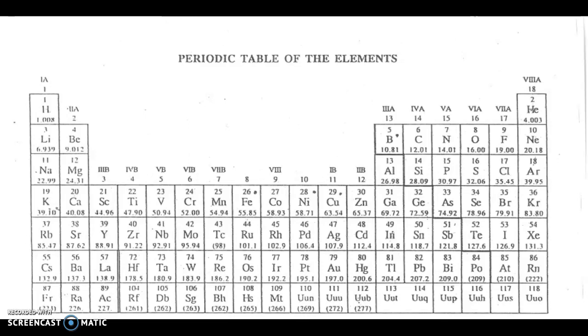Sodium has 11 electrons. Sodium will lose 1 electron to be Na+ and be just like neon. Potassium has 19 electrons. It will lose 1 electron to become just like argon. So this whole row, starting with lithium, is the +1 row.